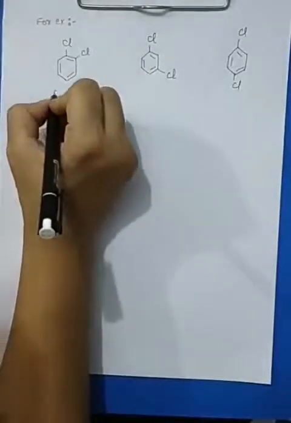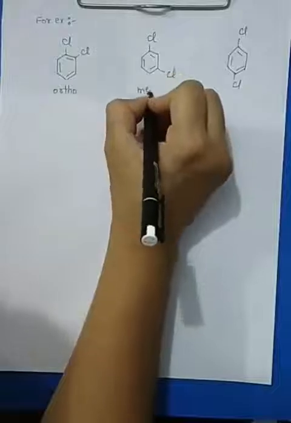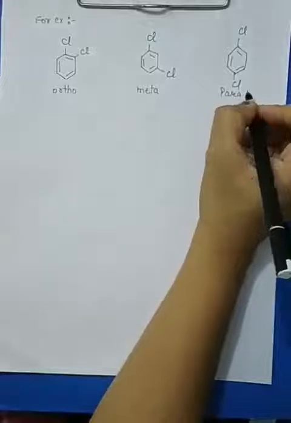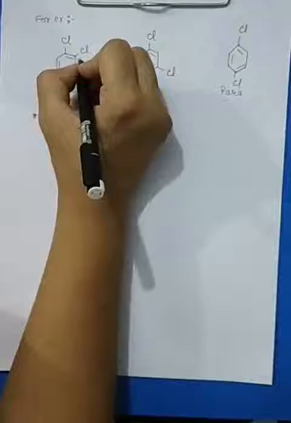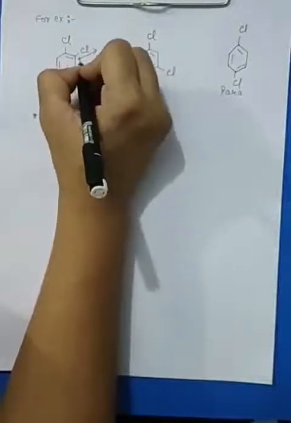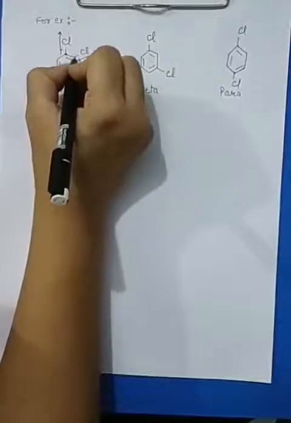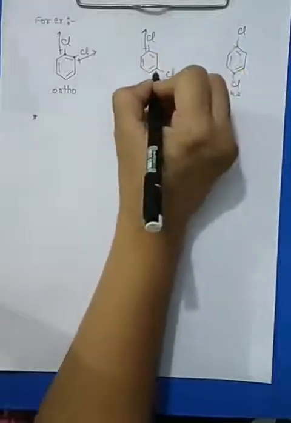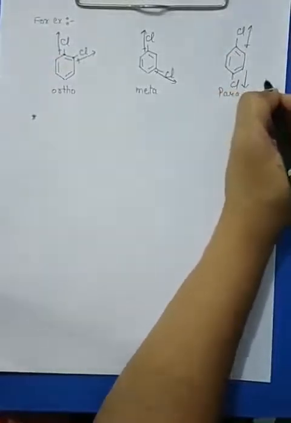Then this position is ortho, this position is meta position, and this position is a para position. So among these three, if we form the dipoles, then it is from carbon to chlorine, as chlorine is more electronegative. This one in this direction and in this direction.